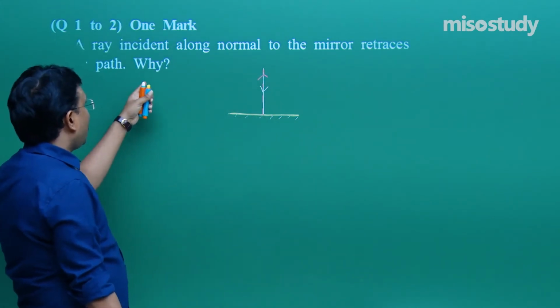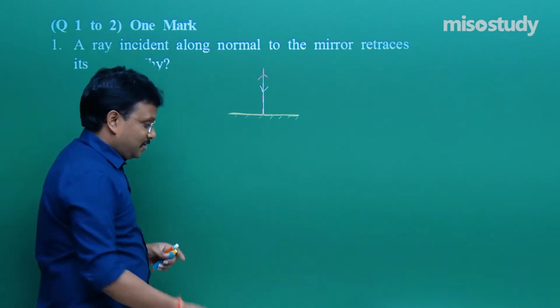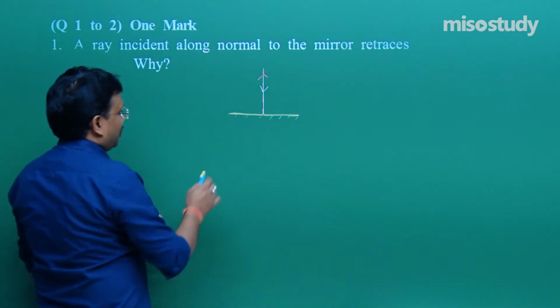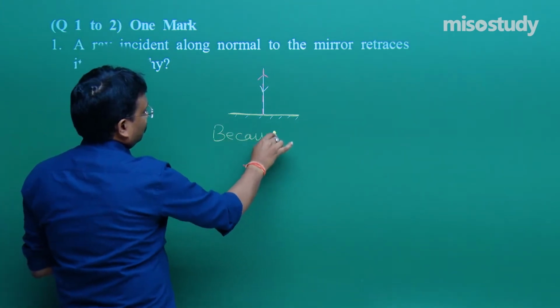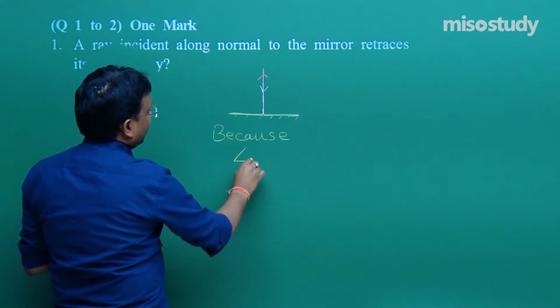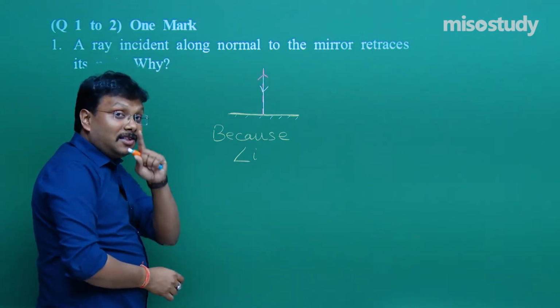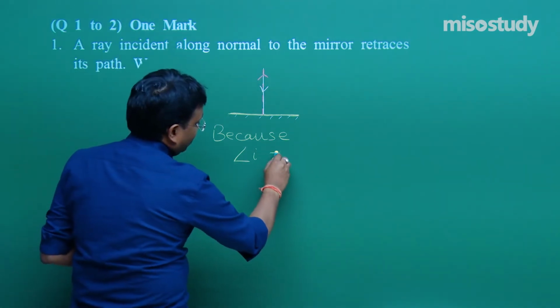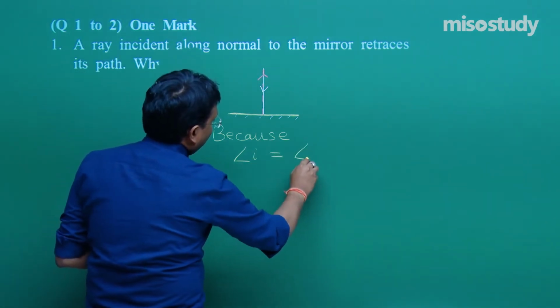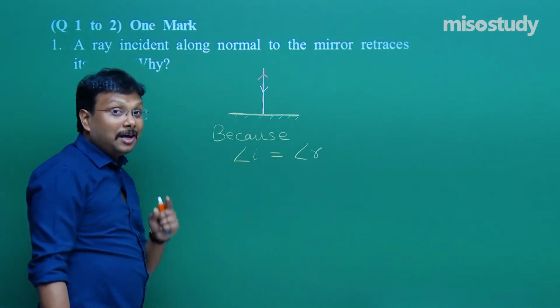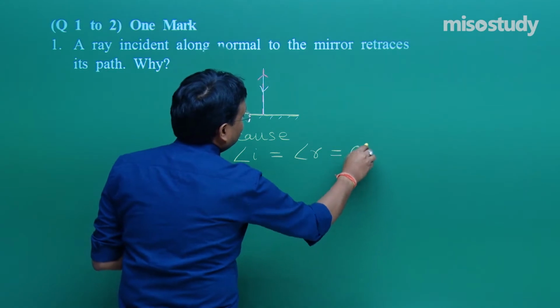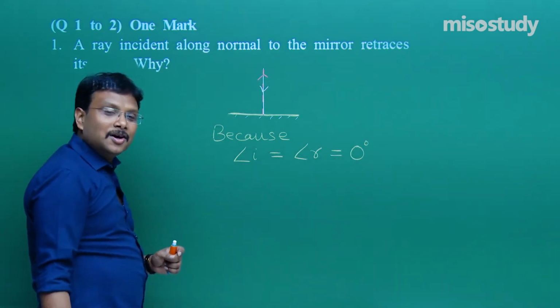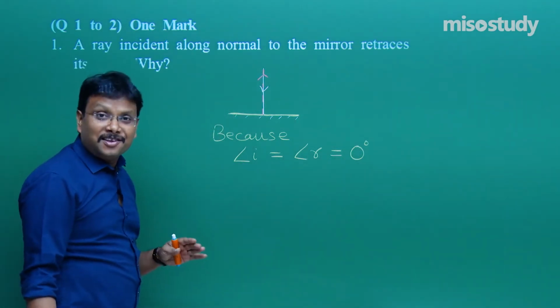The question is why? The answer is: because angle i, the angle of incidence, is equal to angle r, the angle of reflection, which is equal to 0. That is why it retraces its path.